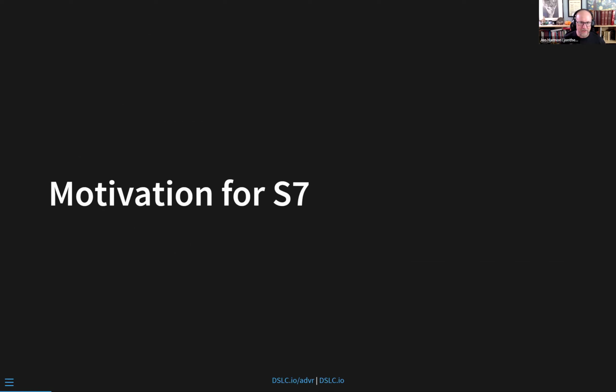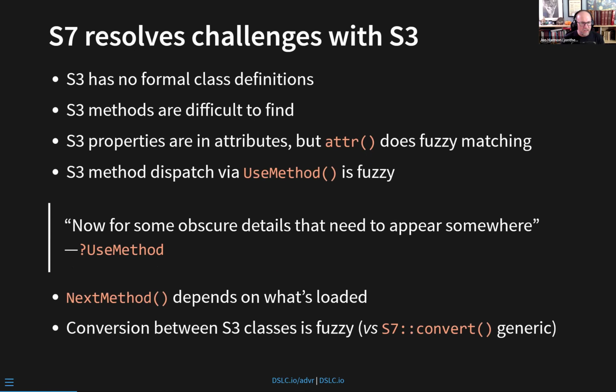All right. So the motivations for S7. It is at least intended to resolve some of the challenges that have come up with S3 over the years, which, by the way, also is what S4 was supposed to do. So, we'll see how that goes. Something we did see a couple weeks ago is that S3 has no formal class definitions.